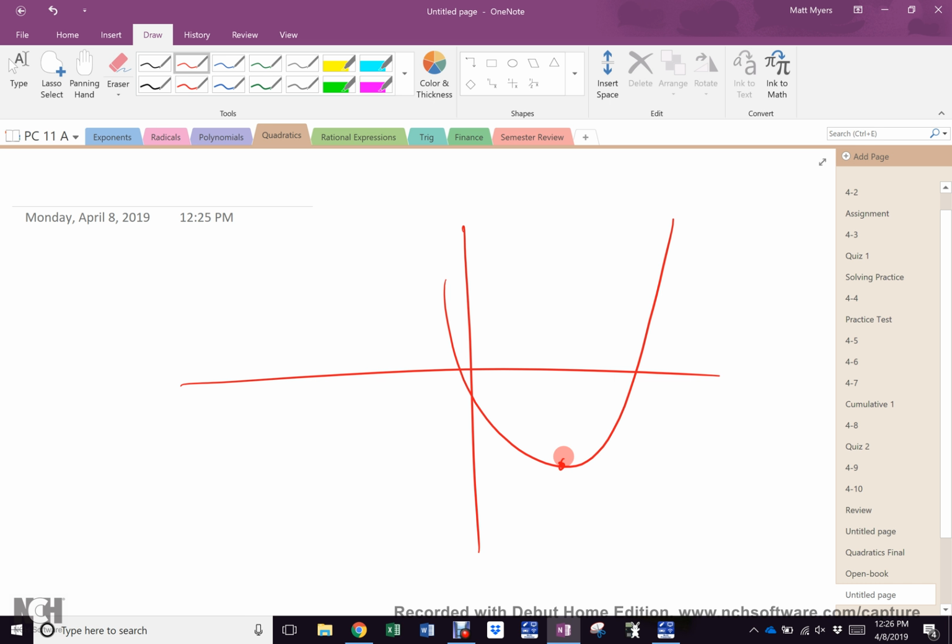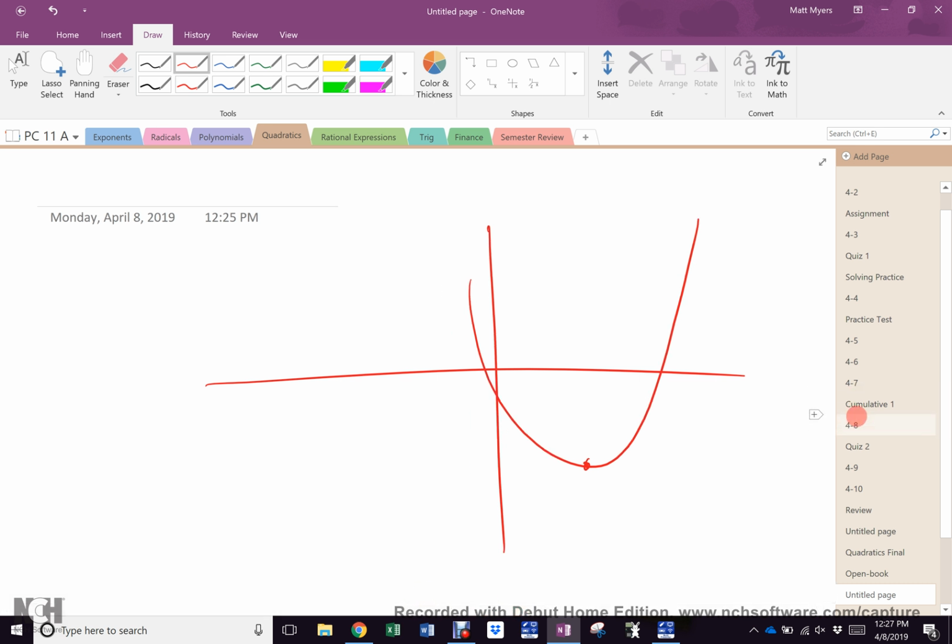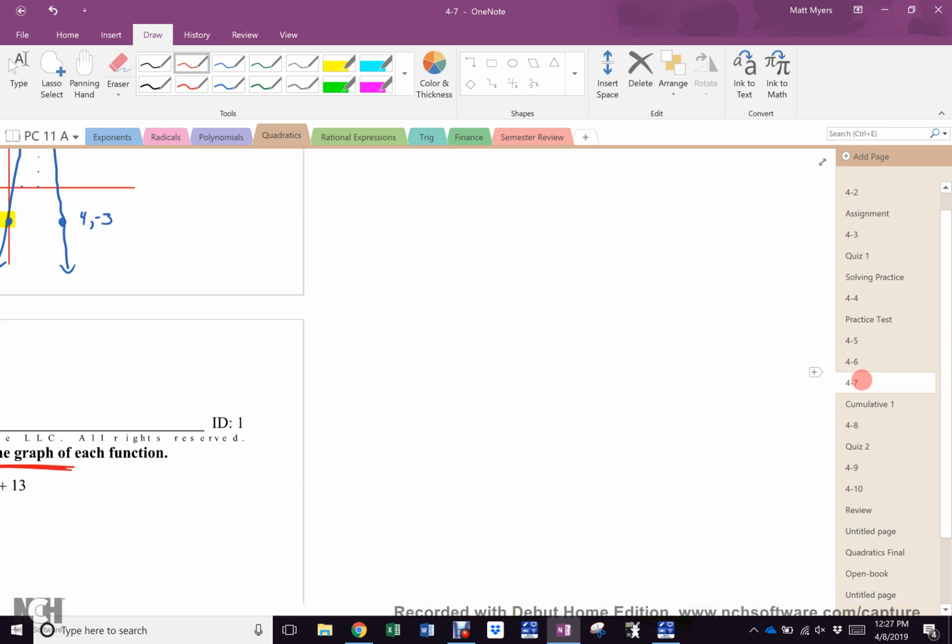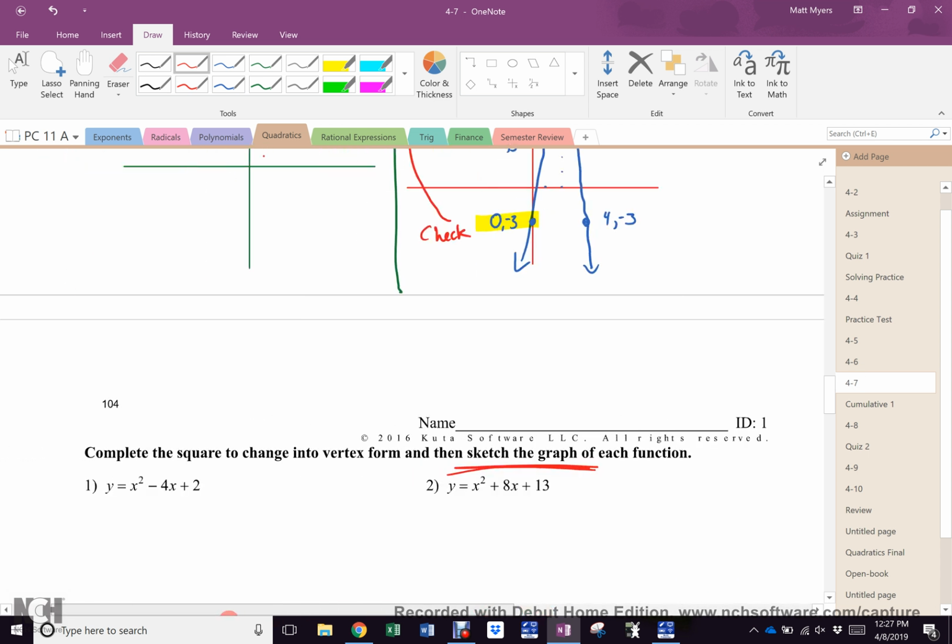But use your brains. Everybody cool? Remember, the whole point of doing work is to show you understand the concept. If you just draw me that, all that tells me is you know the difference between a happy and a sad parabola. That tells me you know one concept. Everybody good? So use your brains. I'm done. So you should all be able to do these on your own.